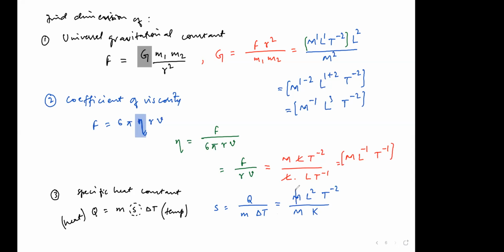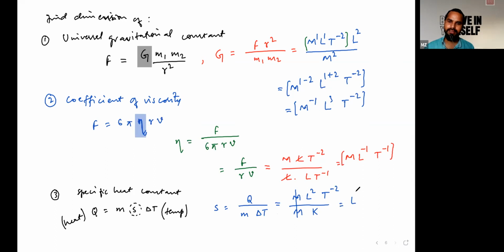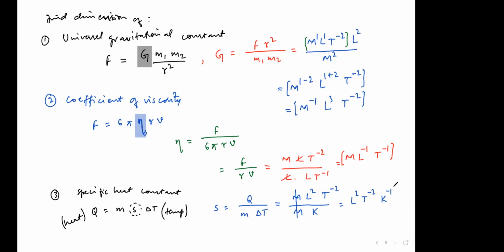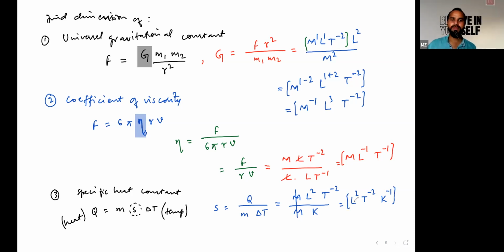So what are we left with? L² T⁻², and we have K in the denominator. On bringing it to the numerator, its exponent becomes minus 1. So this would be the dimension for specific heat.